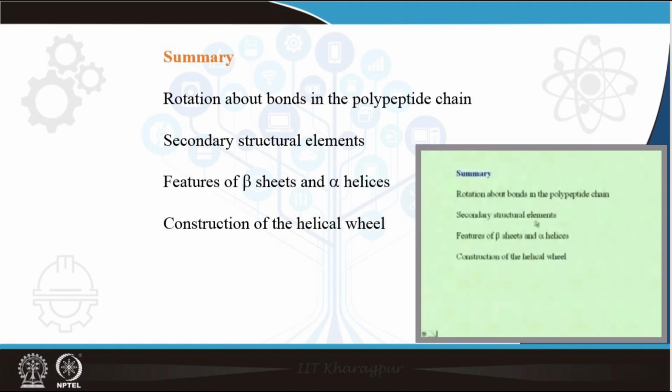Then we have the secondary structural elements that we talked about, where we looked at the features of the beta sheets and the alpha helices. What are the features of the beta sheets that we looked at? Their parallel and the anti-parallel and their differences in the hydrogen bonding patterns. Then for the alpha helices, we looked at the hydrogen bonding patterns, and we learned how to construct a helical wheel that is going to exactly tell us where our helix is located. Okay? So we'll stop here today. Thank you.